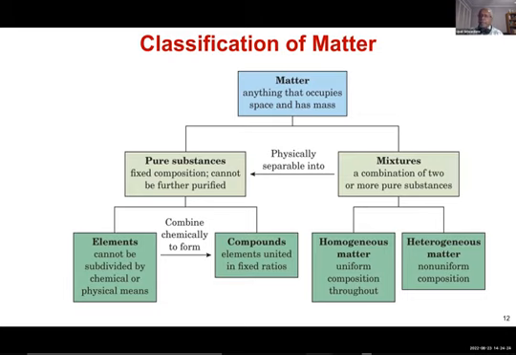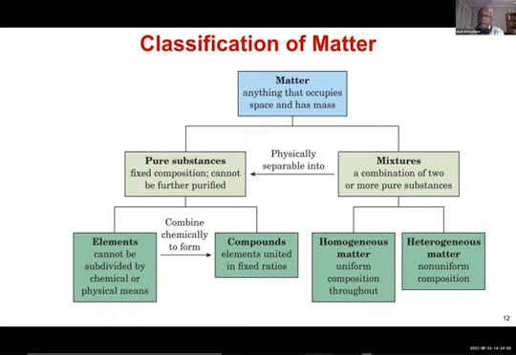For example, water and alcohol. Since alcohol has a lower boiling point, you can distill the alcohol mixture to separate alcohol from water.